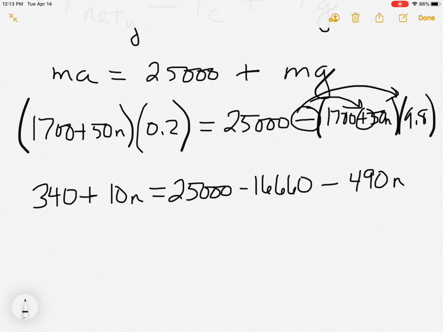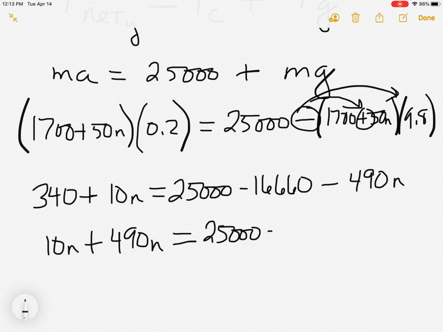Okay, so now the rules of math say we need to group the like terms. So we're going to leave the 10n on this side, and we're going to move the 490n over to go with it, making it a plus on that side. And then we have 25,000 minus 16,660. And then the 340 from the other side will also sneak over here, and we'll have to just figure all that out.